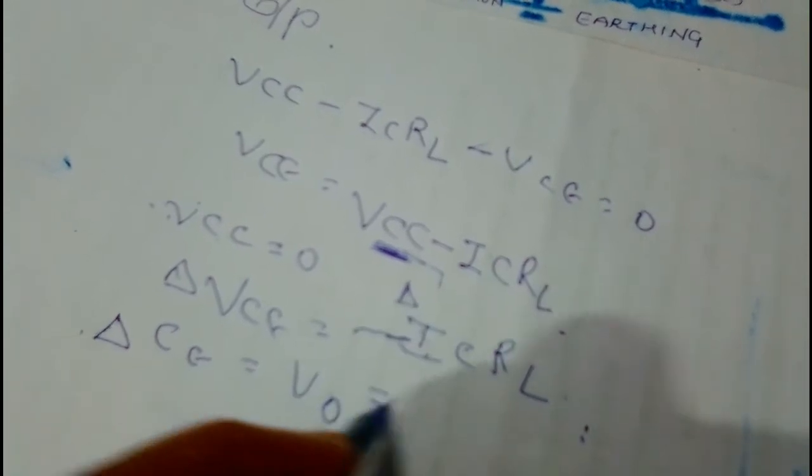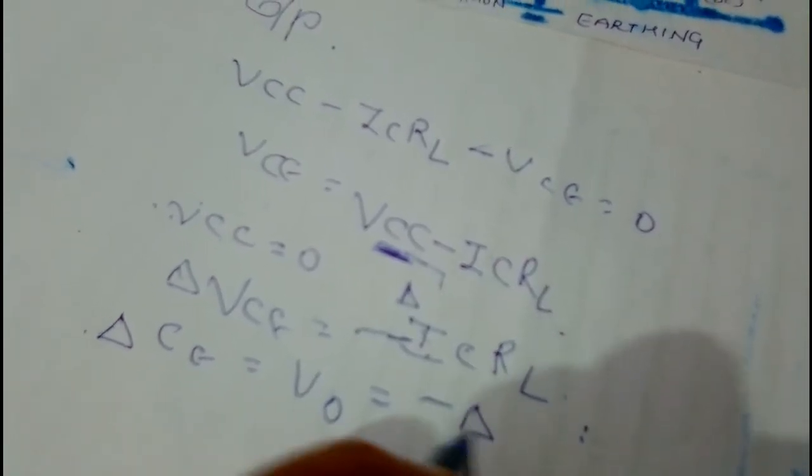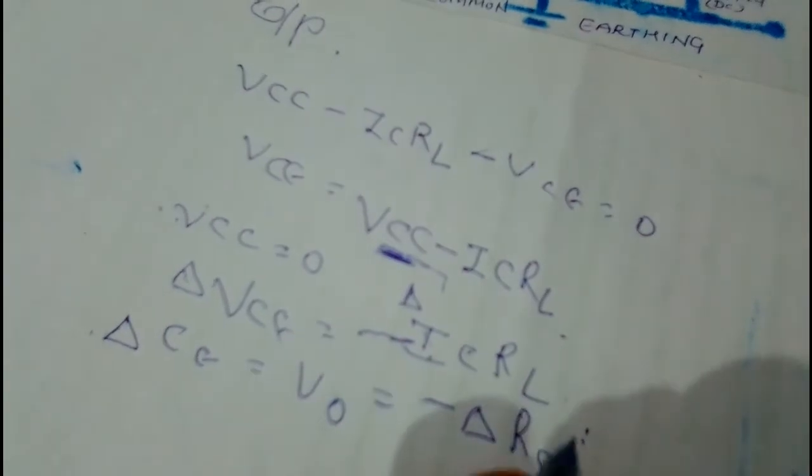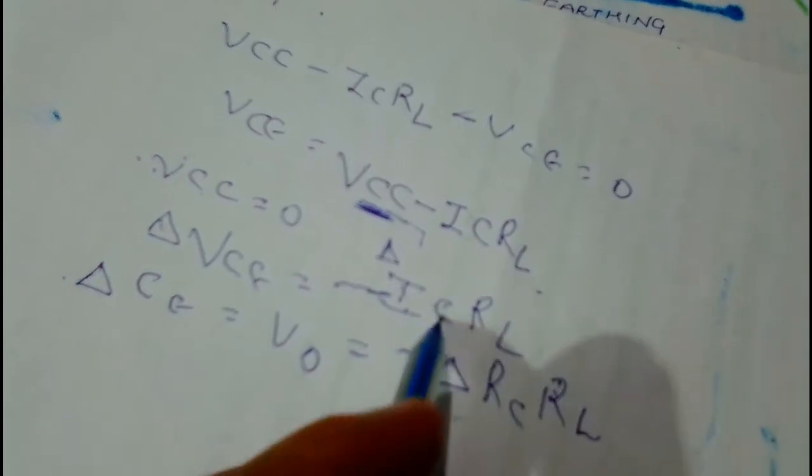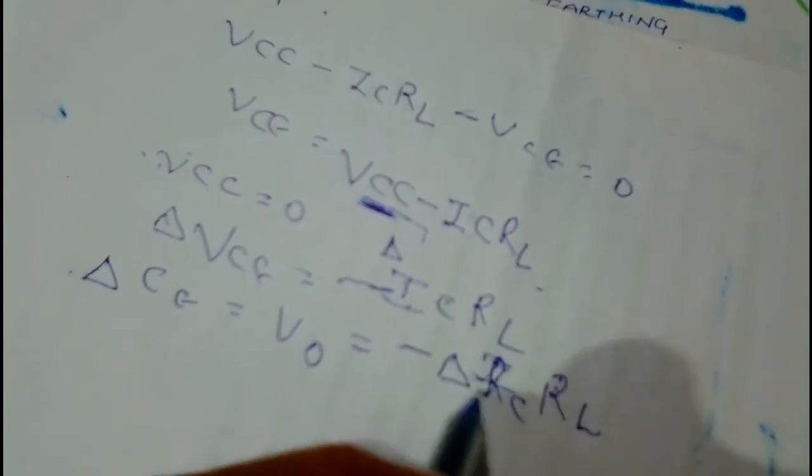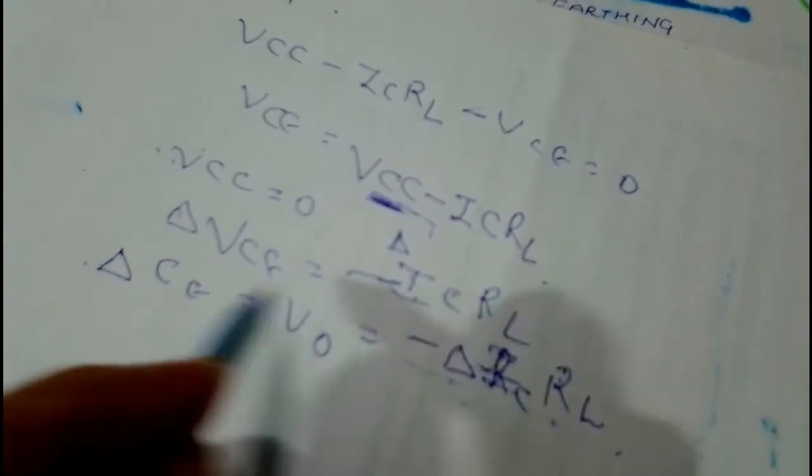Therefore delta VCE, the output voltage, is equal to minus delta ICRL, that means the voltage drop across load resistance. So the output voltage is equal to minus ICRL, the voltage drop across load resistance.